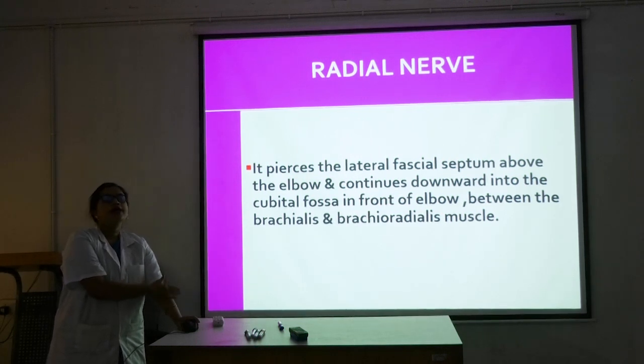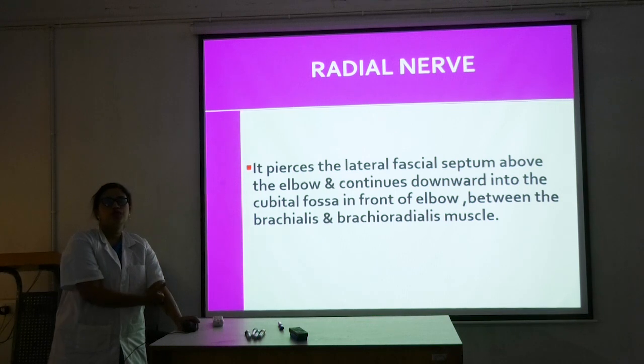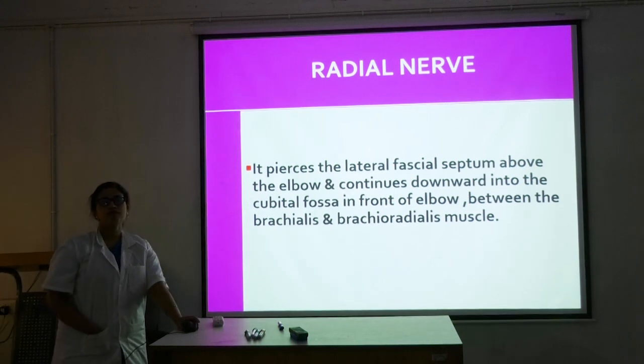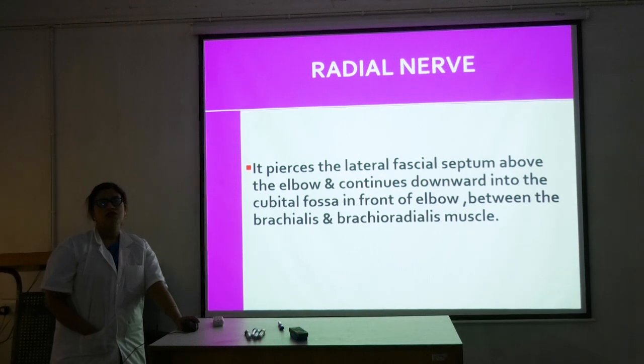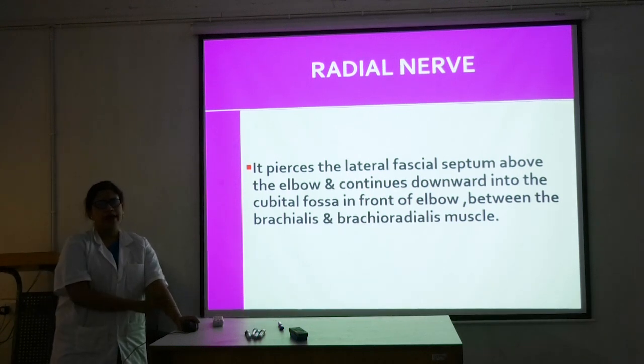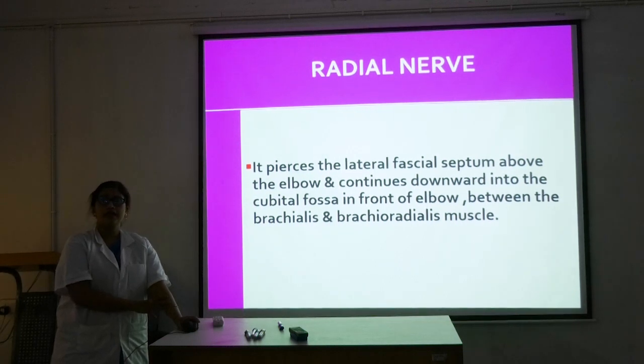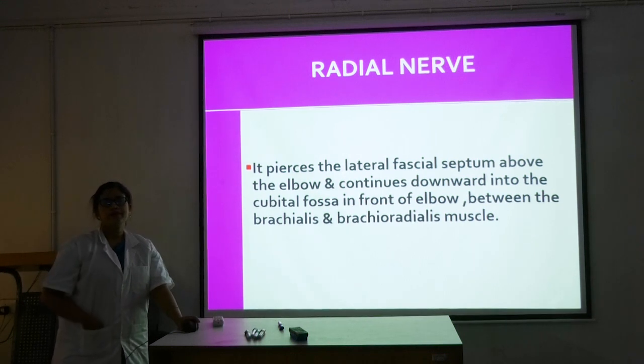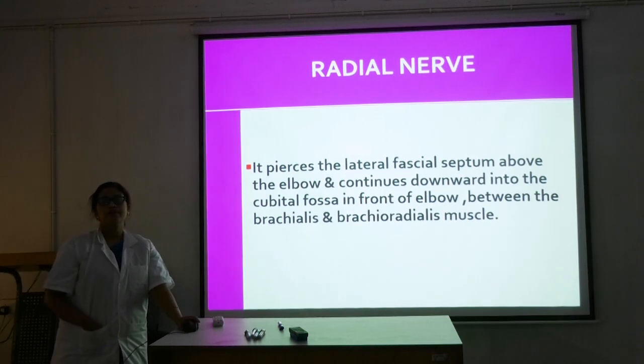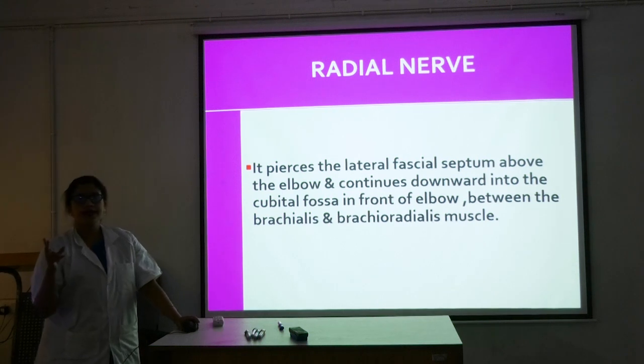So how does the radial nerve enter the forearm? Who will tell me? There are three nerves in the forearm: median nerve, radial nerve, and ulnar nerve. Now how does the median nerve come to the forearm? Between the two heads of pronator teres.